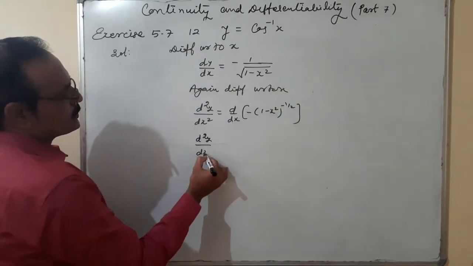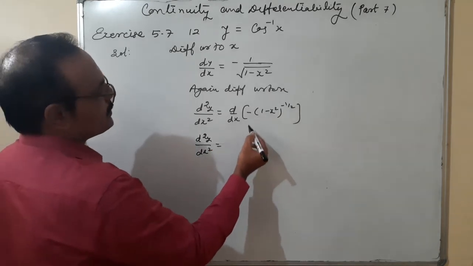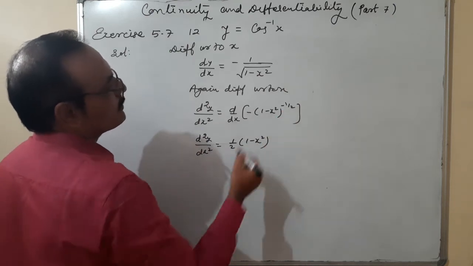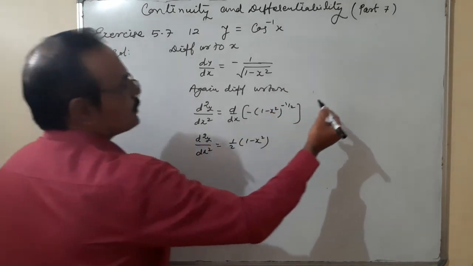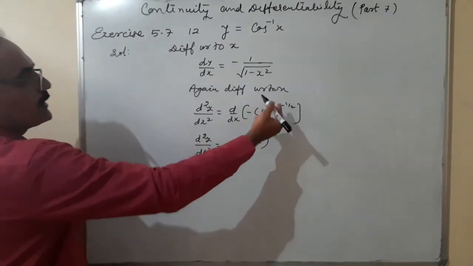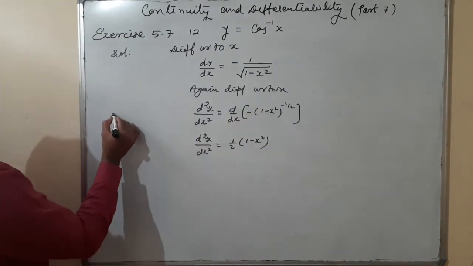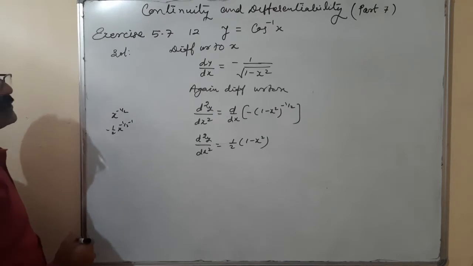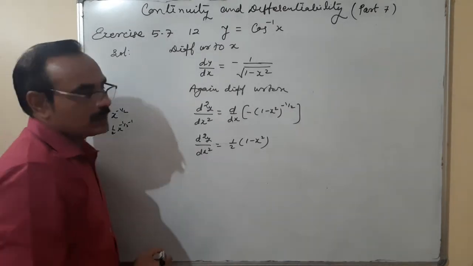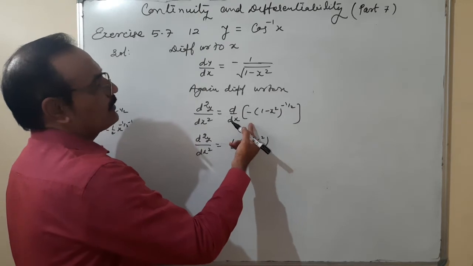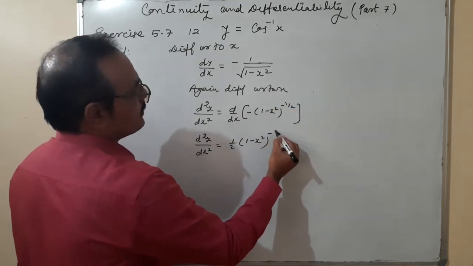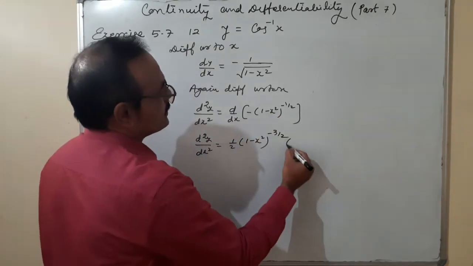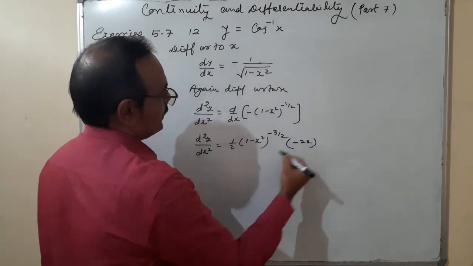D square y by dx square is equal to the differentiation of this term: minus minus cancel, 1 upon 2, 1 minus x square to the power, using x to the power n, n x to the power n minus 1. So what is coming is minus 1 upon 2 minus 1, which is minus 3 by 2, and the derivative of minus x square is minus 2x.